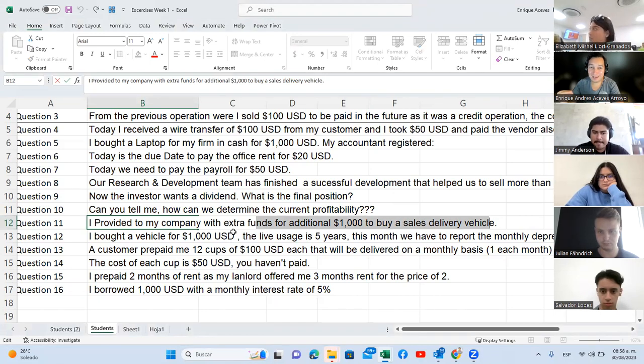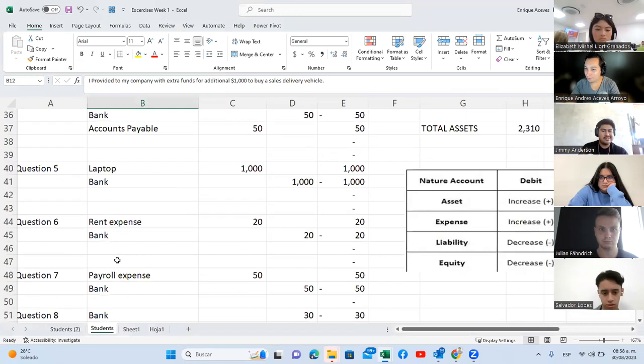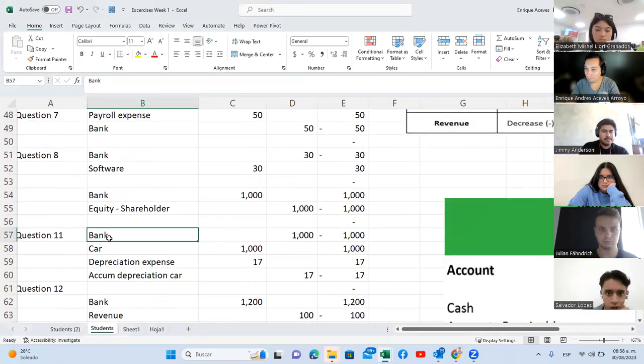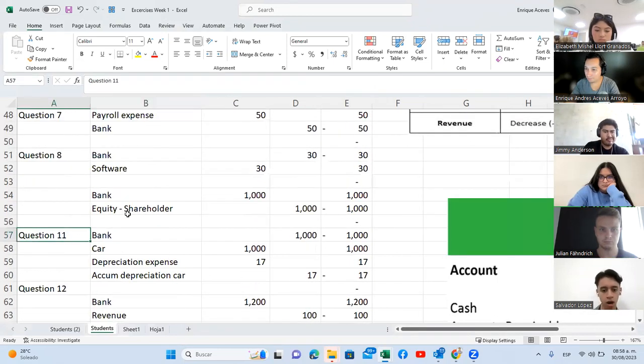What does it mean? That we have our resource. Then we debit what? Bank. And credit? Equity capital. Awesome. Bank. Let me see here, something's happening.